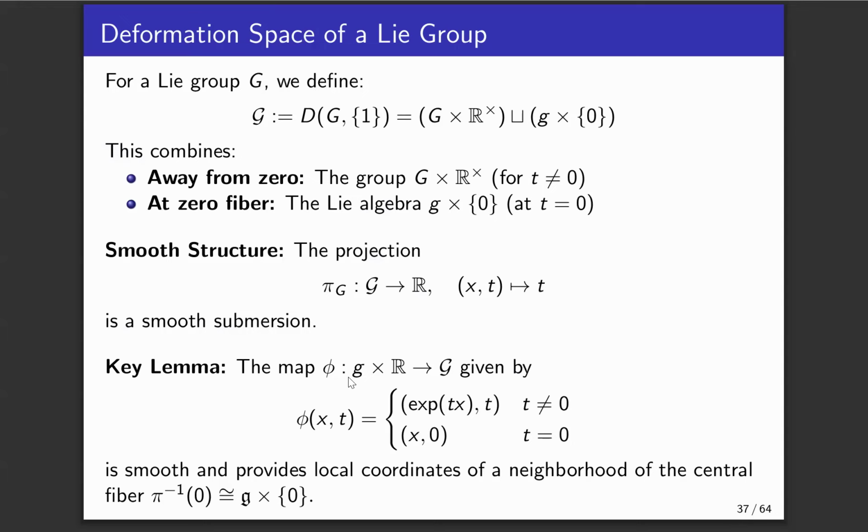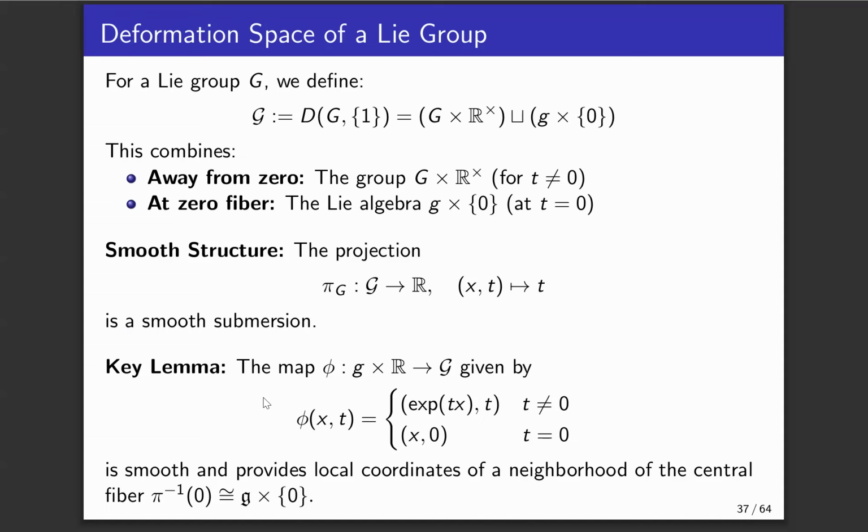And then, using this map phi, we define a new form on this neighborhood. For example, we call this new form eta. And what is the property of this new two-form defined on this neighborhood? When t goes to 0, eta converges to the symplectic form of the cotangent bundle.